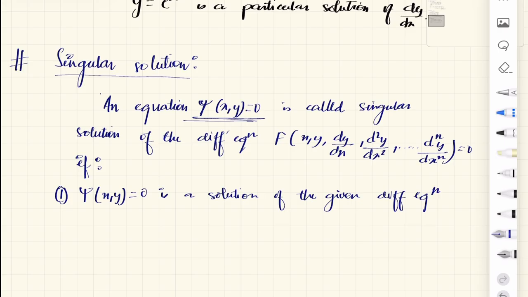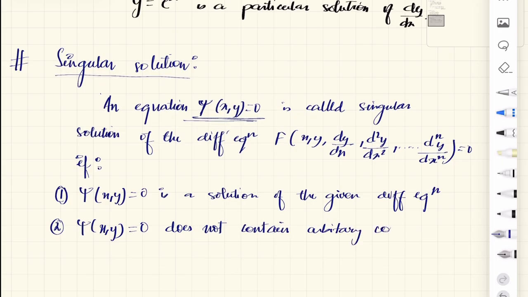Okay, and what is the second thing? The given equation does not contain an arbitrary constant. So what do you mean by this? In the above example, we have an arbitrary constant, right?